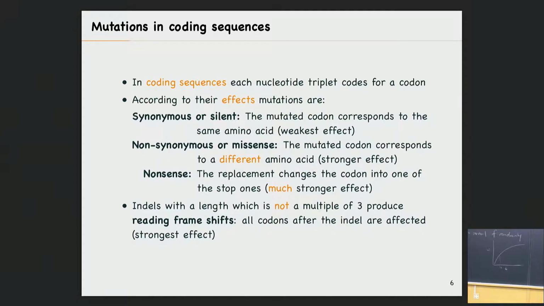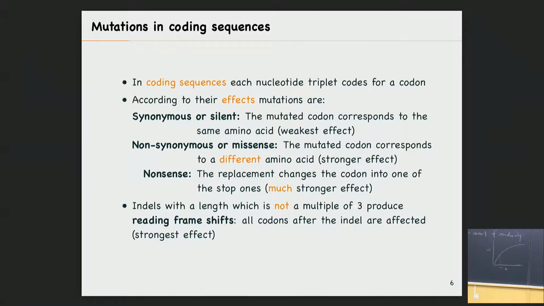I wouldn't say it is far-fetched to say that they will have no effect, because there can be indirect effects that I'm not going to discuss, but it's a weak effect. On the other hand, you have a stronger effect, that is a situation in which a codon, a triplet of nucleotides, will change into a triplet, a codon, which codes for a different amino acid, but is still an amino acid.